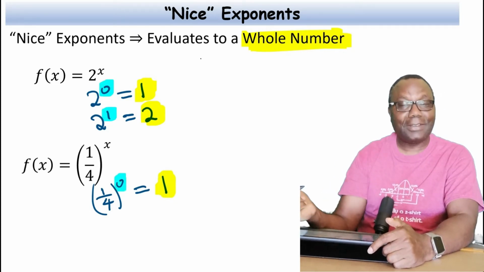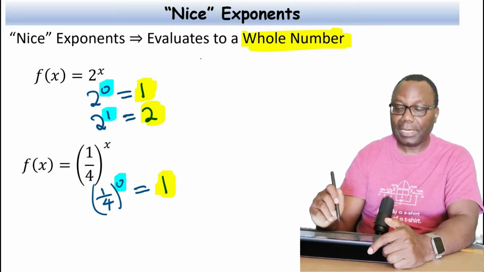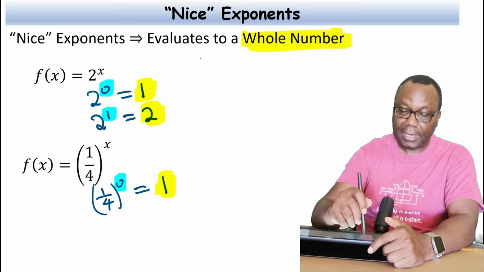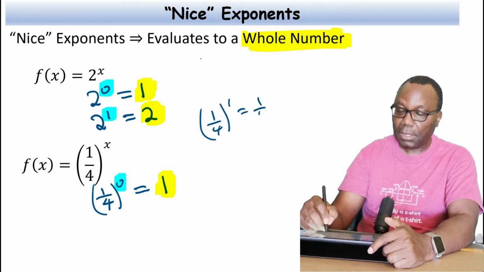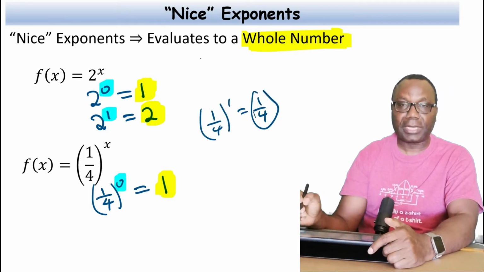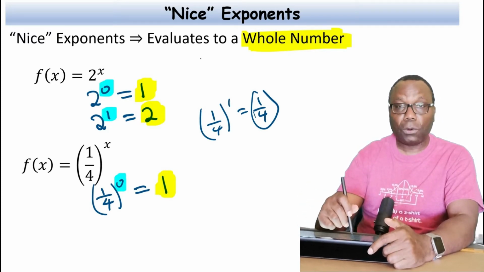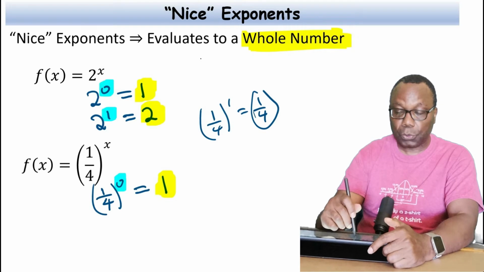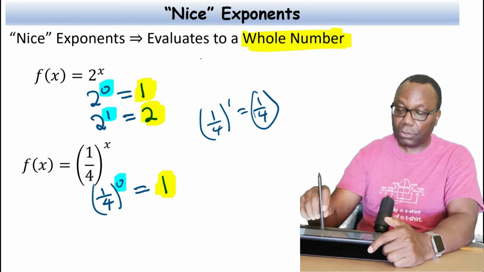Input nice number 0. Good. There's nothing to do. Now, what if I plug 1? If I put 1/4 to the power of 1, oops, that's not a whole number. That's a fraction. So 1 is not nice. It was nice for a whole number base like 2, but it's not nice for a fraction base like 1/4. So I'm not going to use 1.